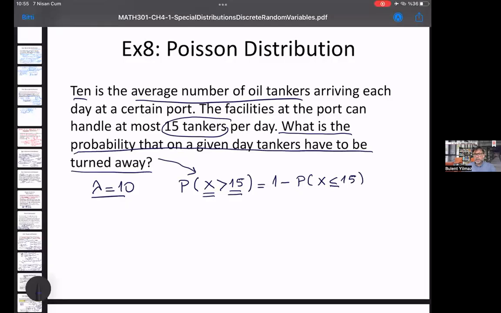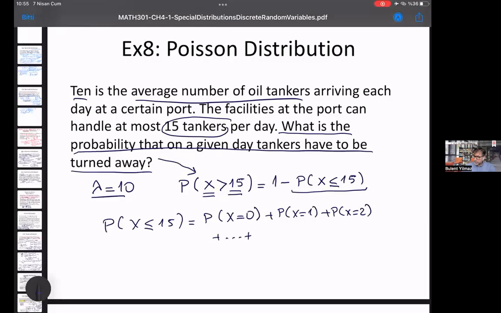Are you following me? Is that okay? So how can I write the probability of x being less than or equal to 15? It's going to be the probability of x being equal to no tankers coming, one tanker coming, two tankers coming, up until 15 tankers coming, right?